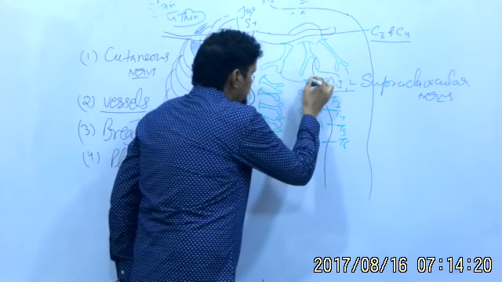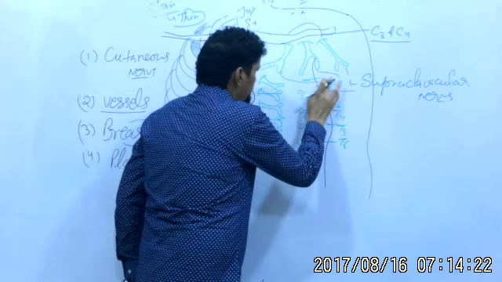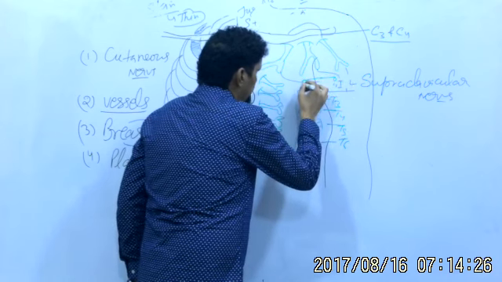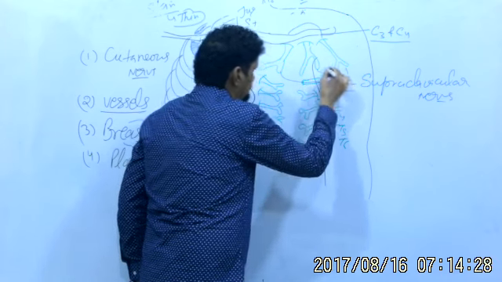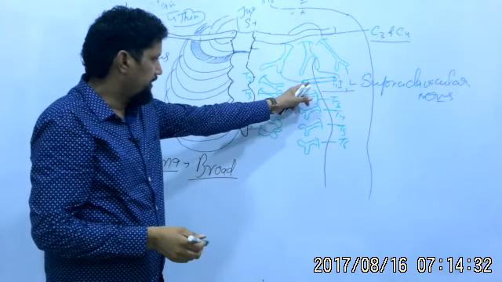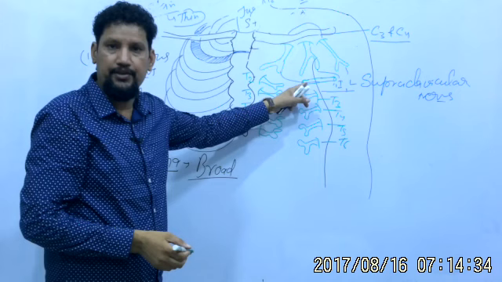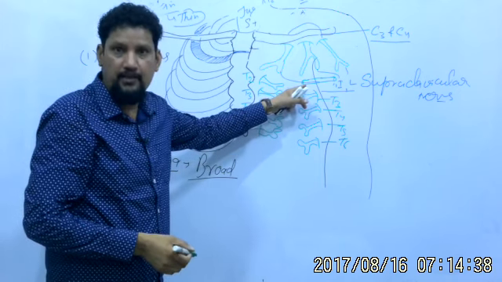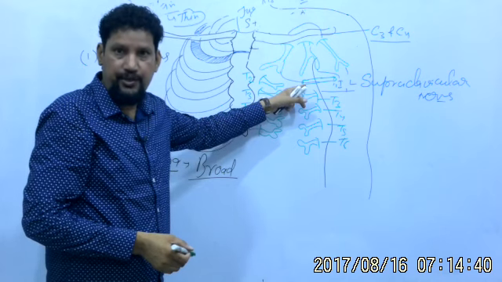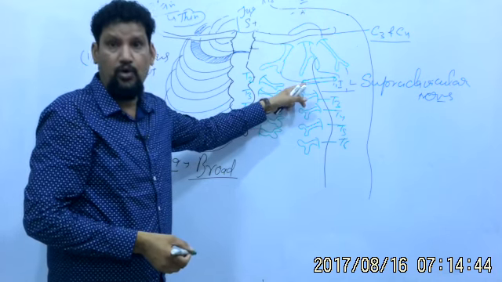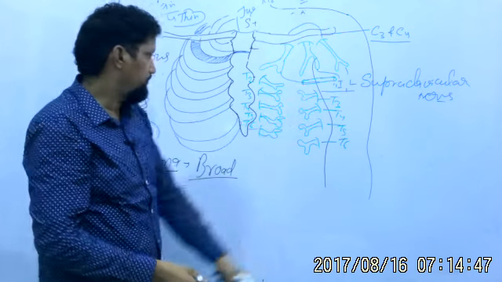Here we can see one more nerve. This nerve is the modified lateral cutaneous branch of the ventral rami of T2, and this nerve is known as the intercostobrachial nerve.